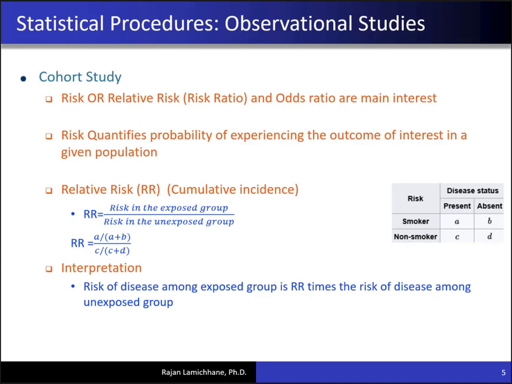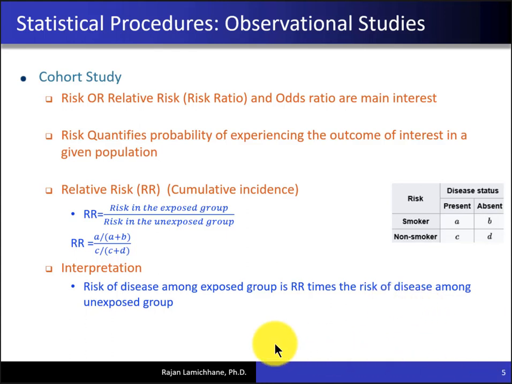Once you calculate the relative risk, how do you interpret this relative risk, or the risk ratio? You can interpret this risk ratio as the risk of disease among the exposed group, which is RR times the risk of disease among the unexposed group. So we are just comparing the exposed versus the non-exposed group.